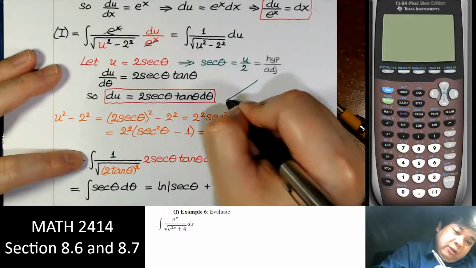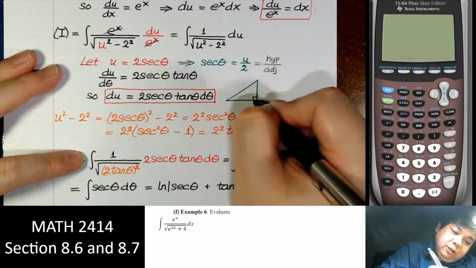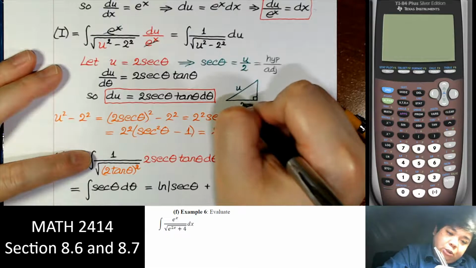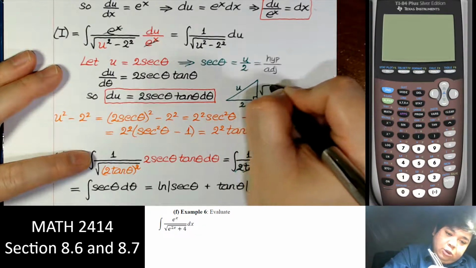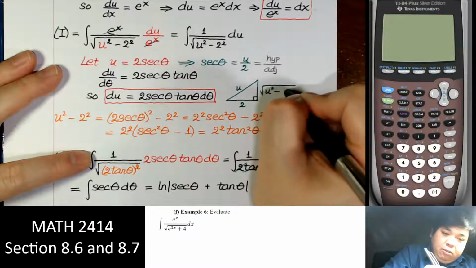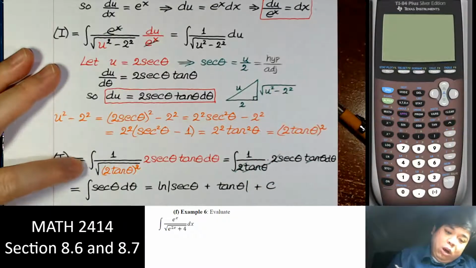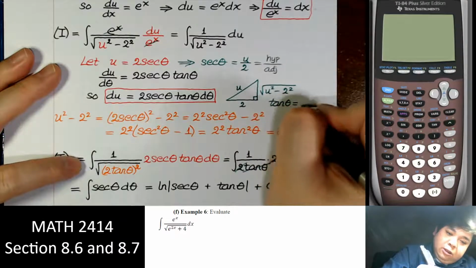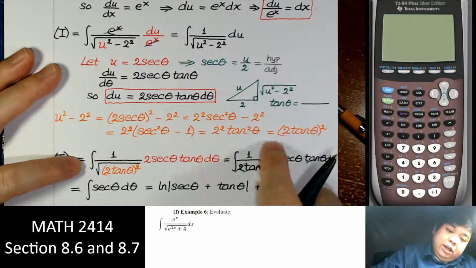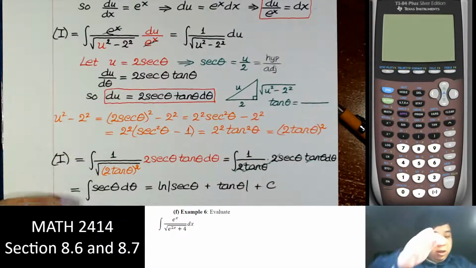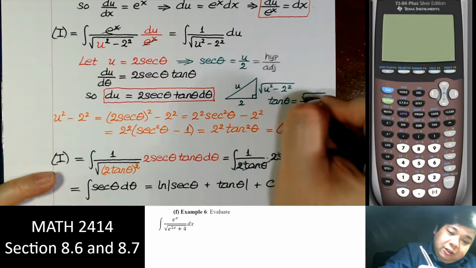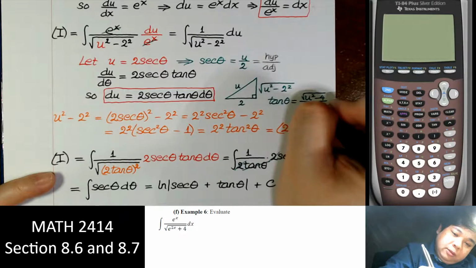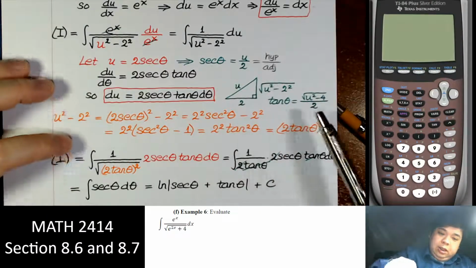Make a triangle. Hypotenuse is u, adjacent is 2. So the opposite will be square root of u square minus 2 square. And what we need is tangent, which is opposite over adjacent. And then put it back in here.